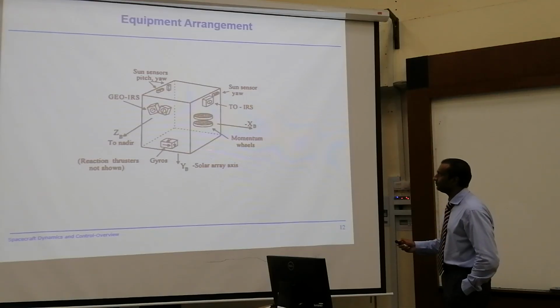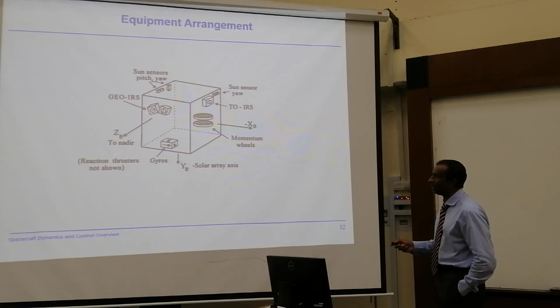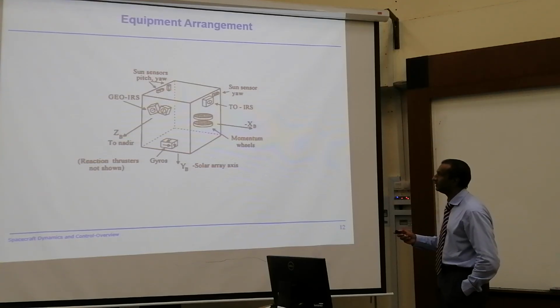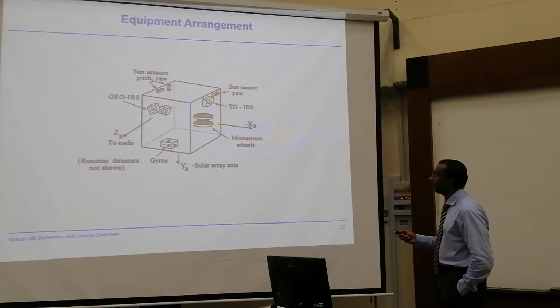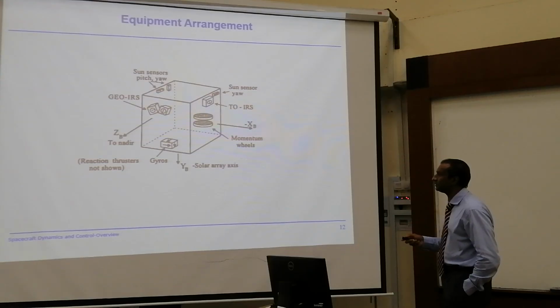Typical satellite. All those items which I've mentioned, practically. You have gyro. This is the inertial reference unit, inertial reference system. You have gyros. You have reaction thrusters, sun sensors. You have momentum wheels, sun sensors. All those.